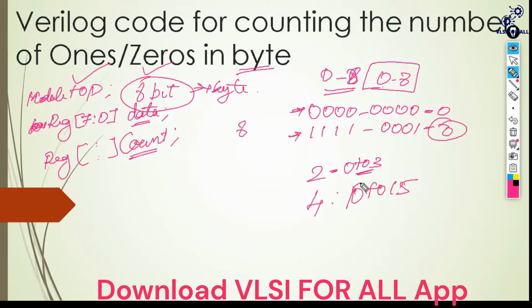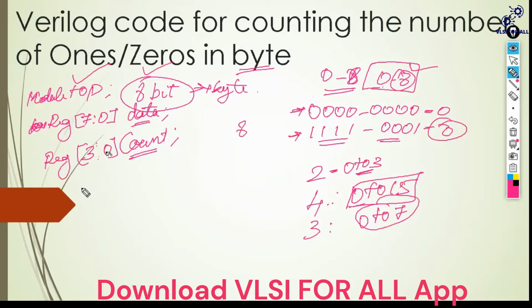Using 4 bits we can store 0 to 15, but here our maximum value is 8 only. If we take 3 bits, it will go up to 0 to 7. Even if all the bits are 1, we can only show 7. In order to make 8 also possible, we are taking 4 bits.